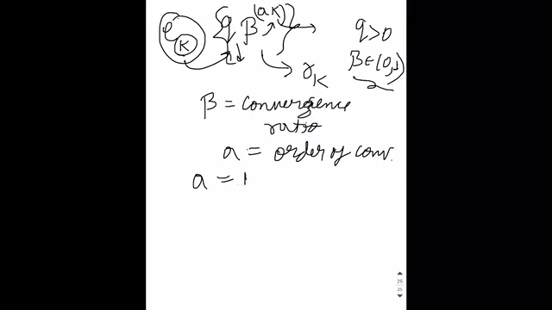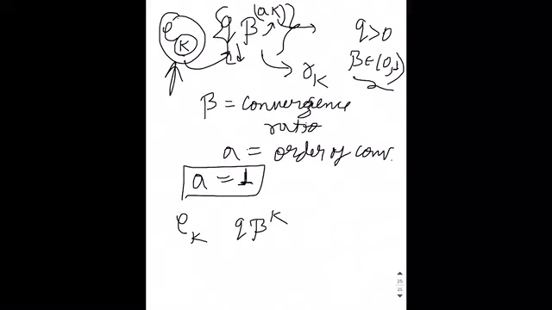Let's say a is equal to 1. Then we are comparing e_k to first order, I mean linear convergence, that is, e_k to q beta to the power k.